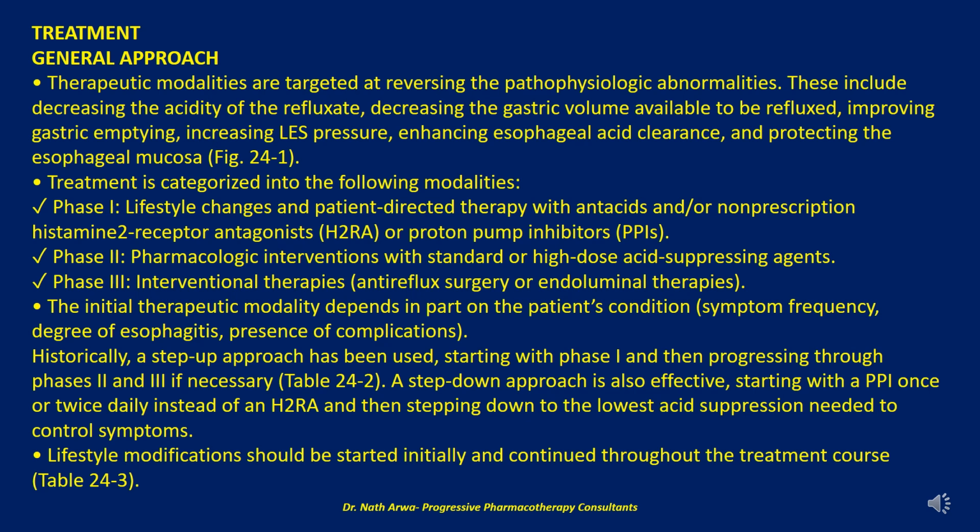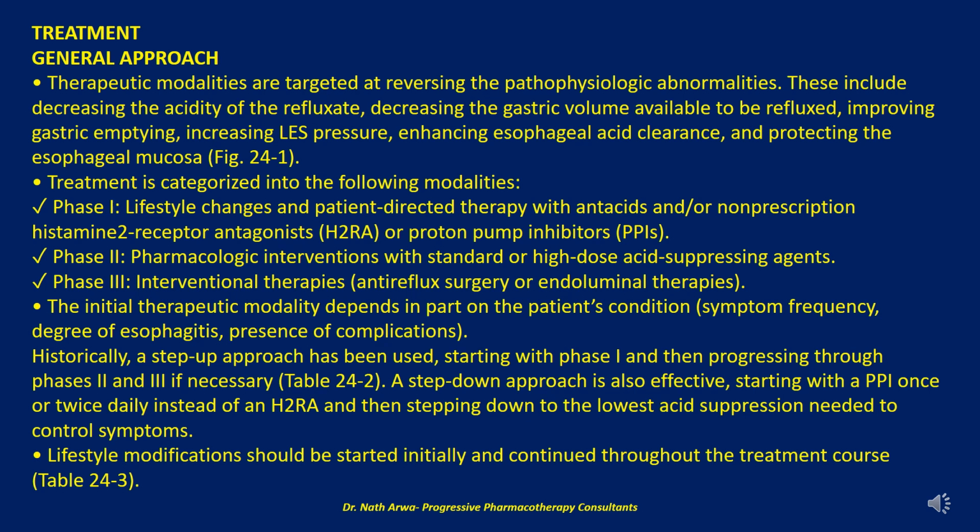3. The initial therapeutic modality depends in part on the patient's condition, symptom frequency, degree of esophagitis, and presence of complications. Historically, a step-up approach has been used, starting with Phase 1 and then progressing through Phases 2 and 3 if necessary, as shown in Table 24.2.